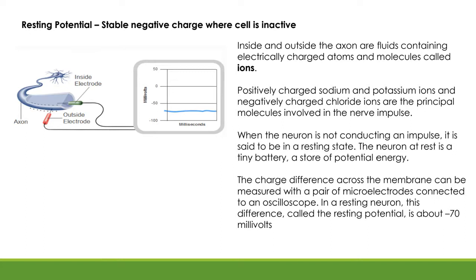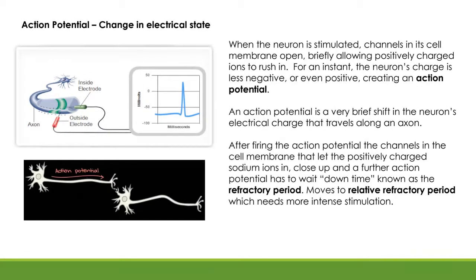And so with the negative potassium ions inside, the cell is polarized and it's got a resting potential of about minus 70 millivolts. It's just sitting there. You can see on the little graph, there's a little stable blue line, which shows our resting potential. So nothing's happening yet in the cell.